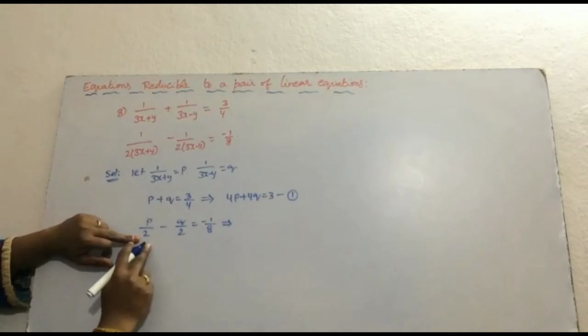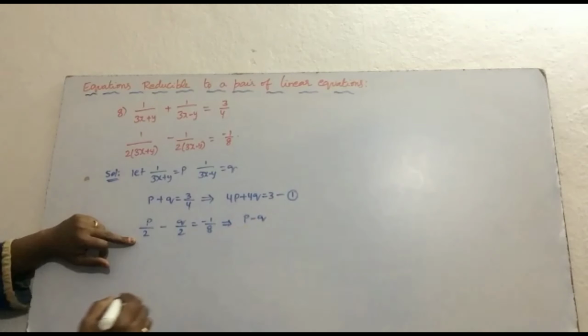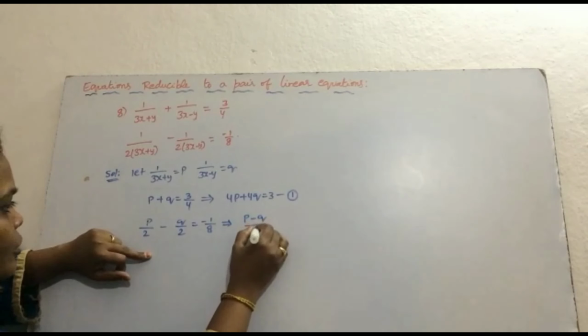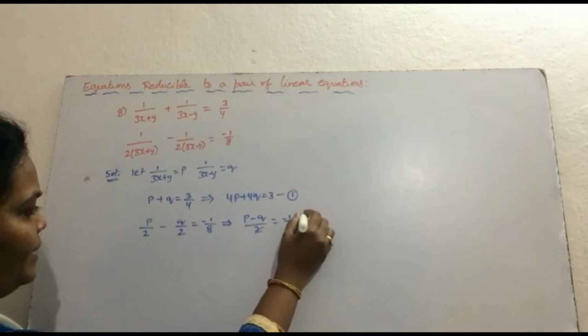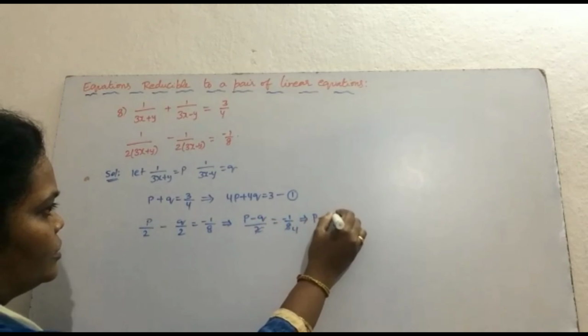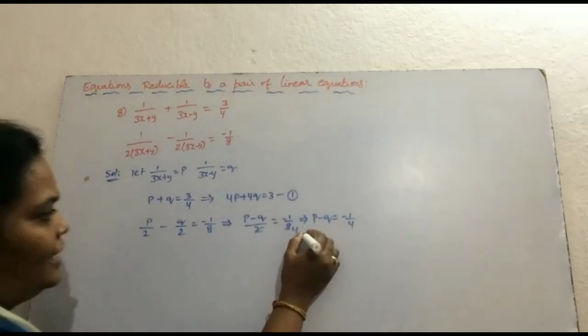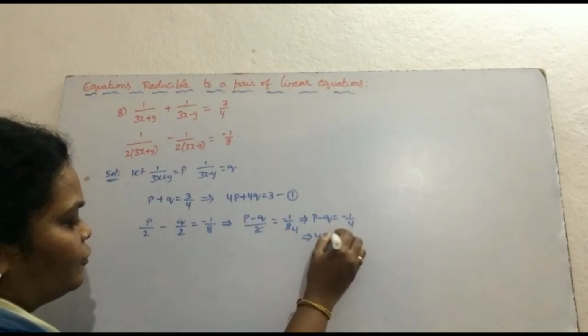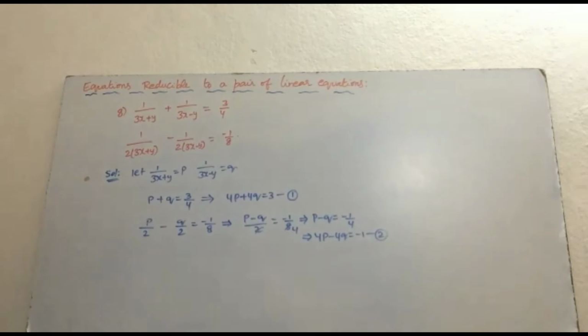So LCM is 2. That means p minus q by 2 equal to minus 1 by 8. So that means p minus q is equal to minus 1 by 4. I will write 4p minus 4q is equal to minus 1. This is the second equation.